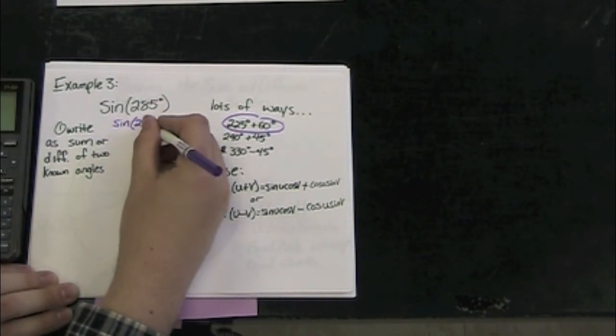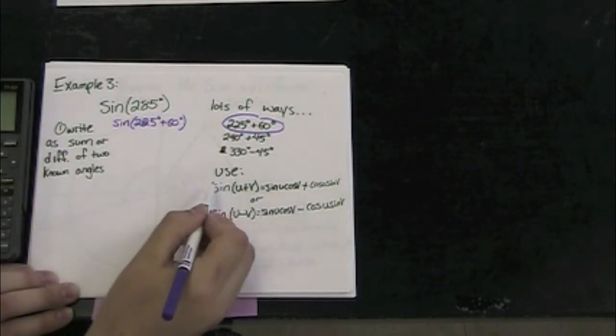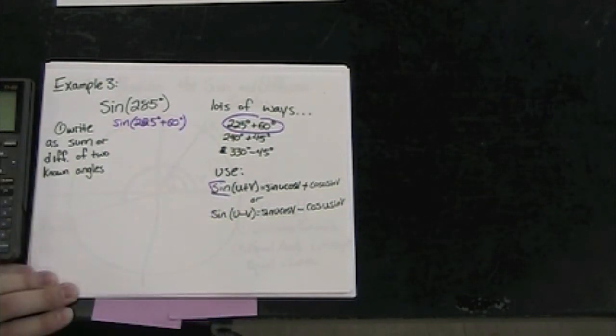So I'm looking at the sine of 225 degrees plus 60 degrees. I'm going to use my sum of two angles sine formula, which is sine of u plus v equals sine of u times cosine of v plus cosine of u times sine v.